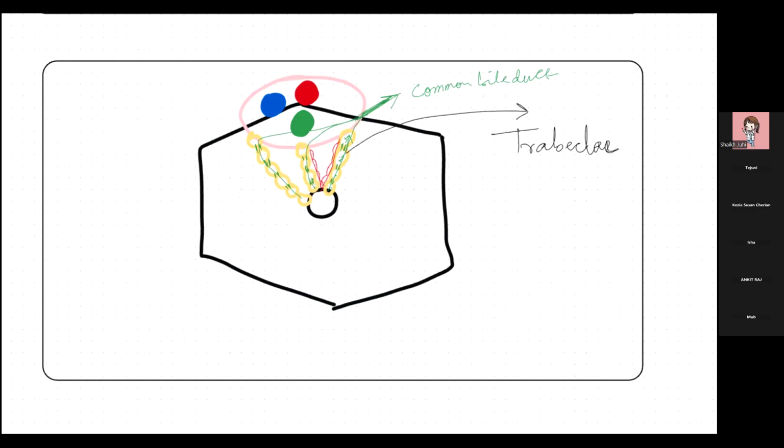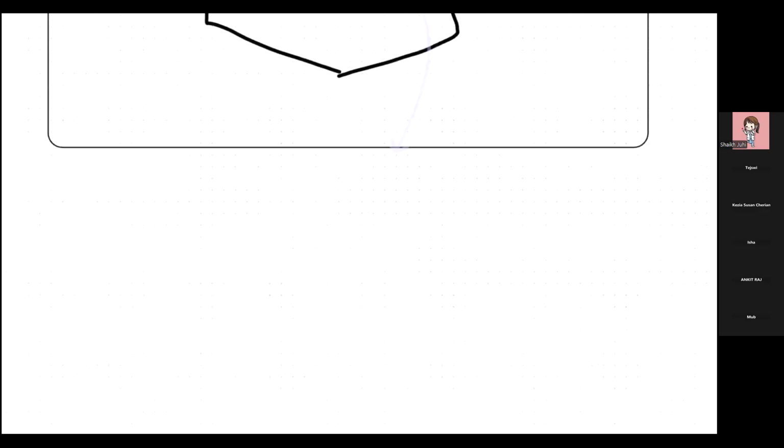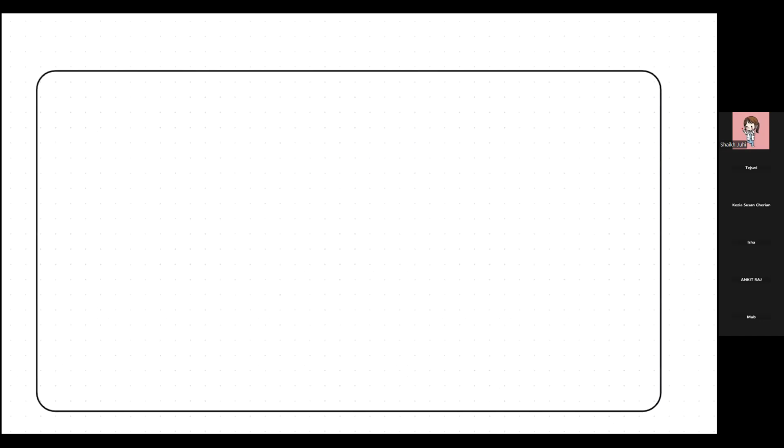We'll be seeing a zoomed structure of this part further. So let's see what that is. Let's suppose that these are the hepatocytes.